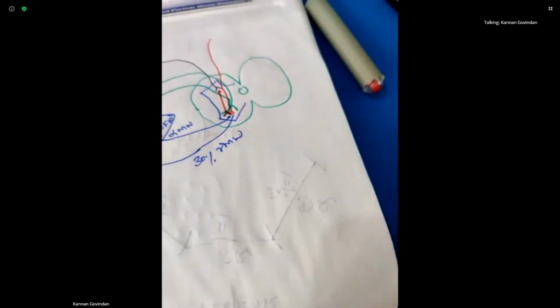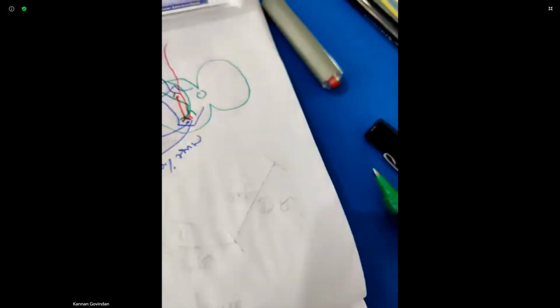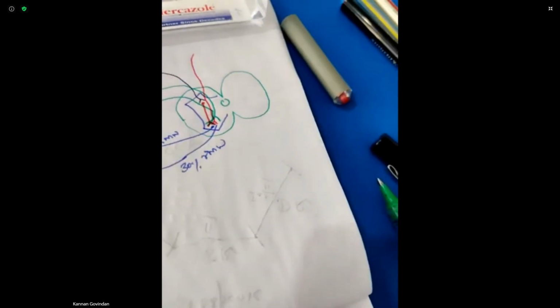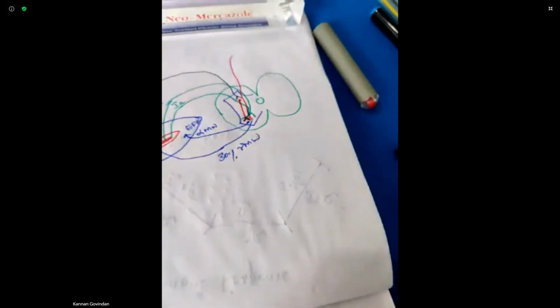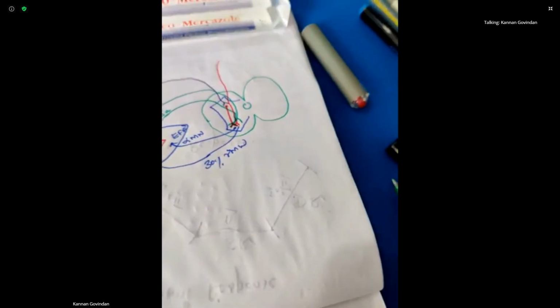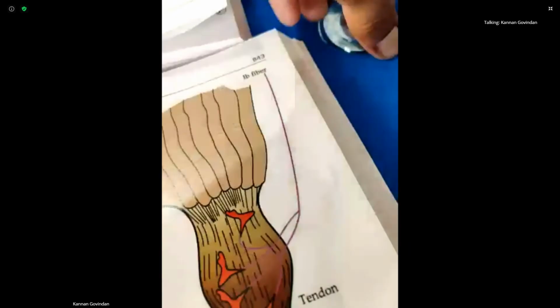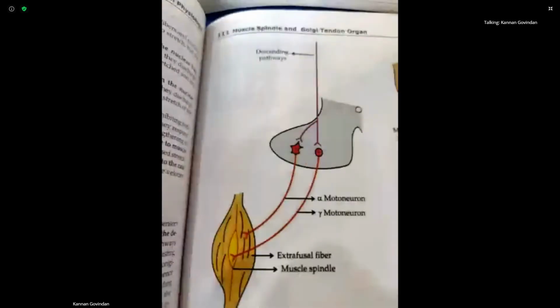I'll show you a good diagram in the book. Yeah. So you can see here, these are the descending pathways.